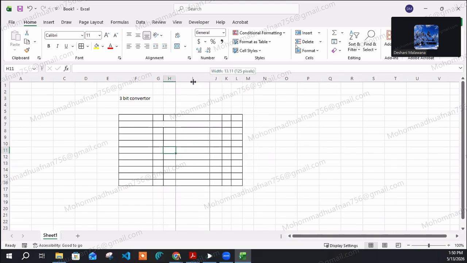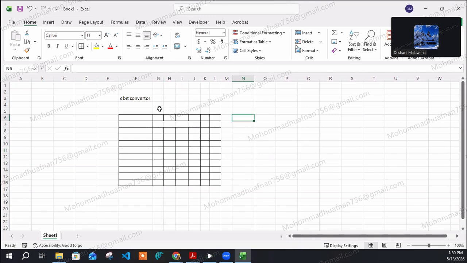I think it's easier. This is going to be my BCD, and this is going to be my gray. This will be my decimal. In here you can see I'm going to design a 3-bit converter, so 3 bits are available.